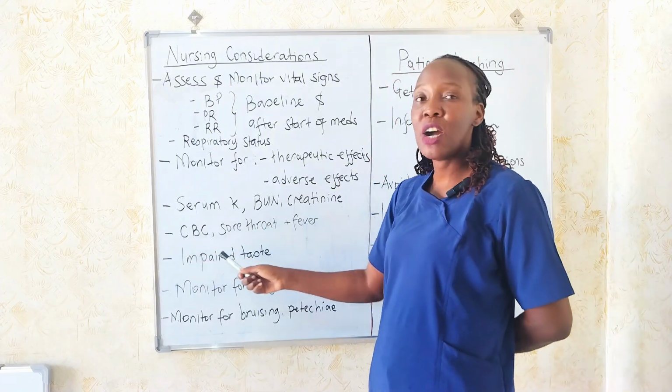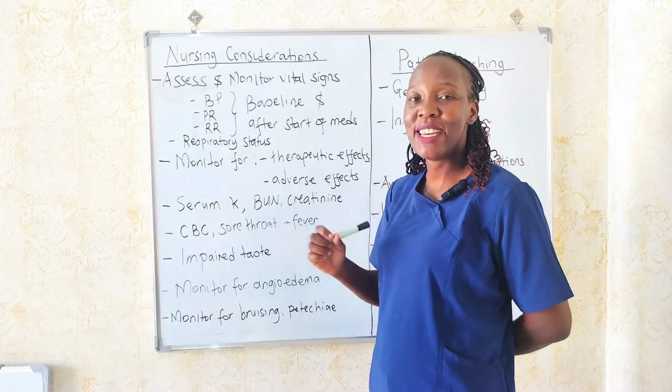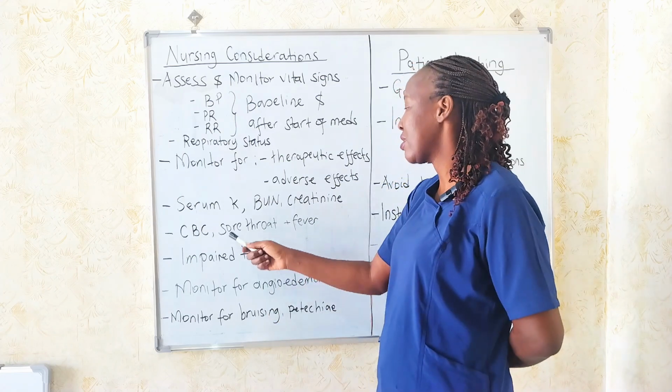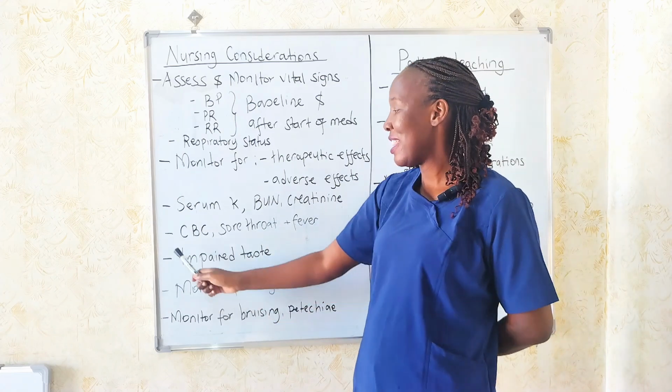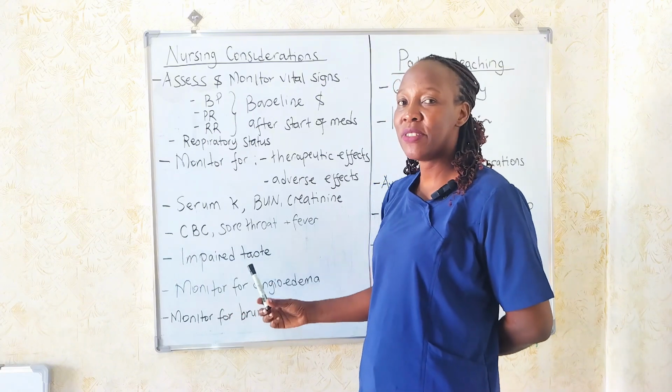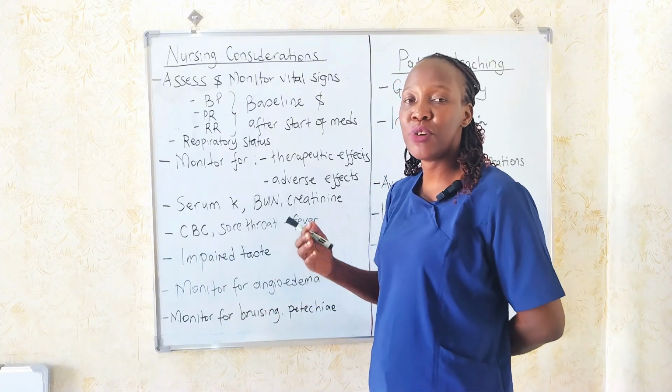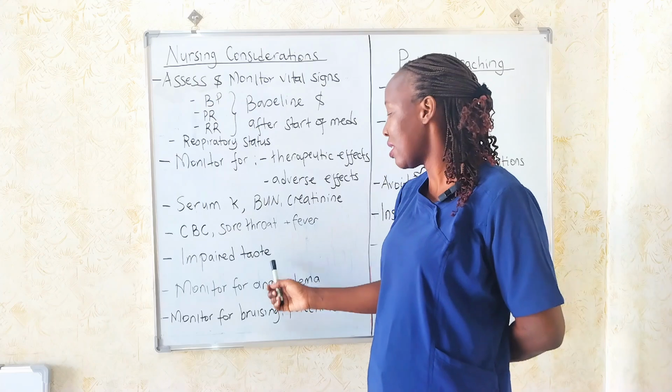We shall monitor a complete blood count plus other indicators of infection, for example, sore throat and fever, and then ask the patient about any taste alterations or if they find that they've lost taste.